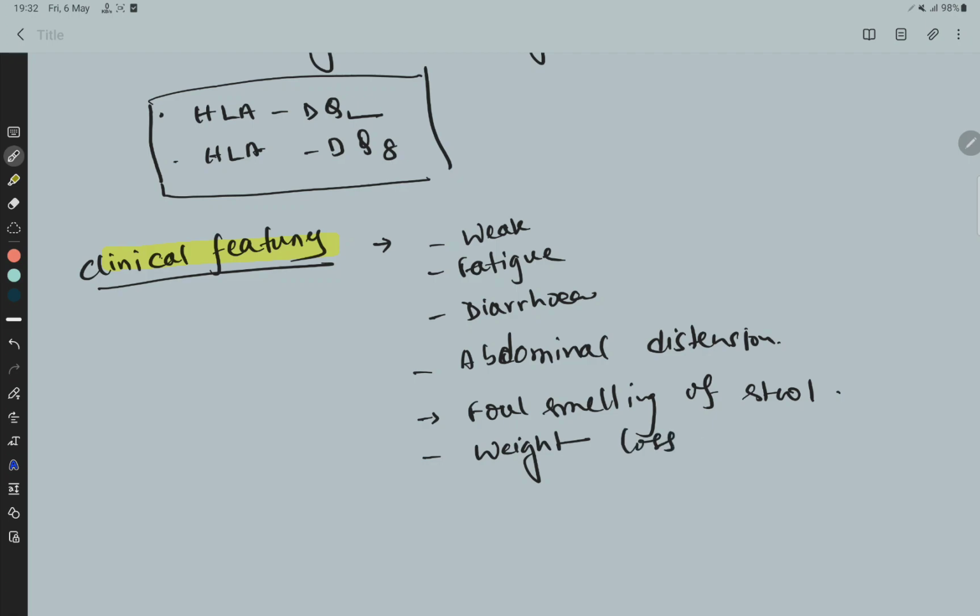So these symptoms are seen in the patient of celiac disease.